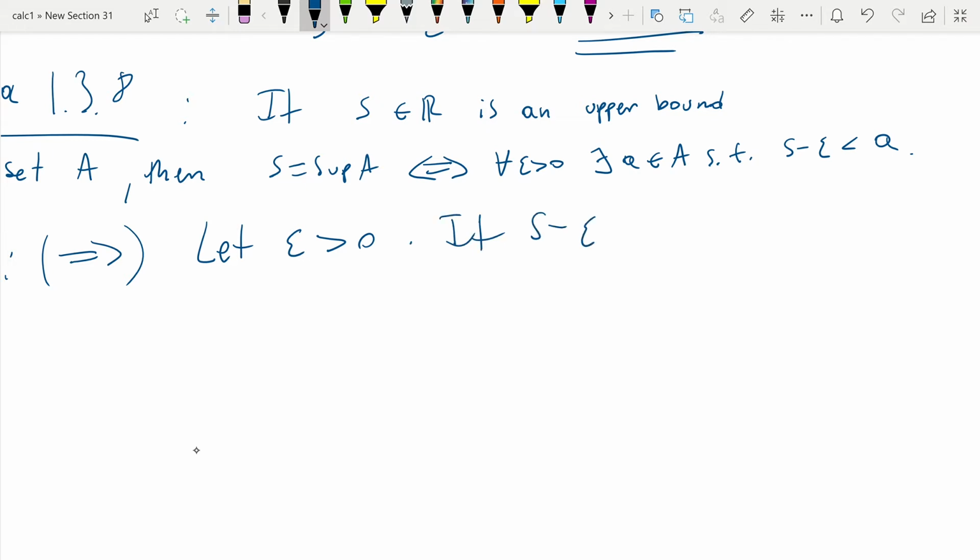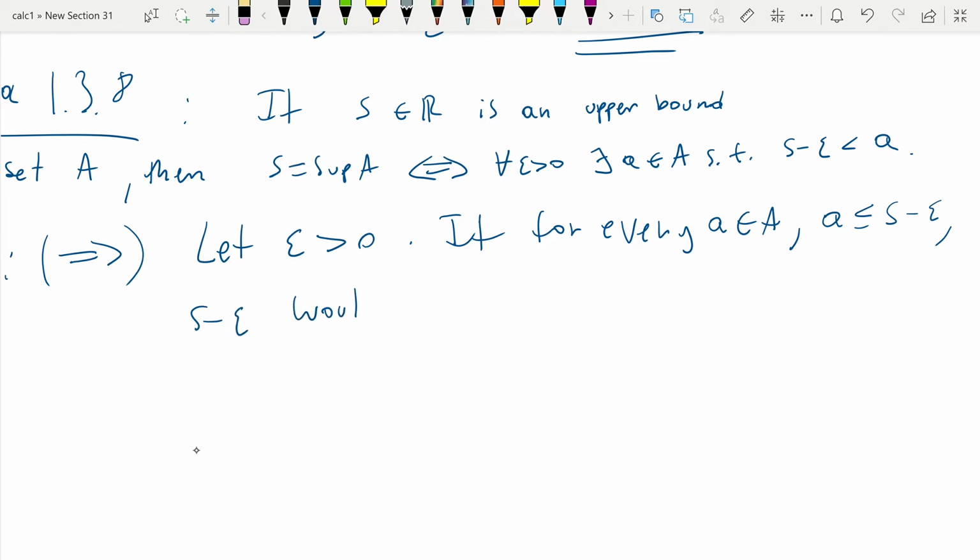If for every A in A, A would be smaller than or equal to S minus epsilon, then S minus epsilon would be an upper bound for A, right?